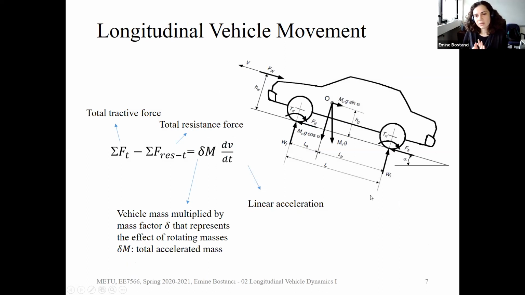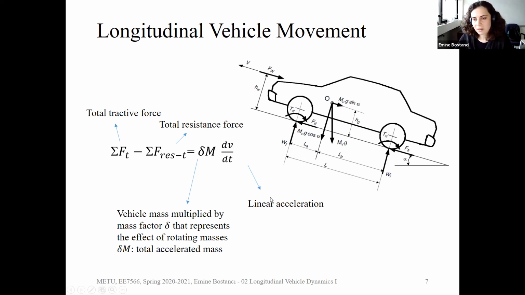So I will talk about the motion and Newton's law of motion. Here, what we know is we have the net tractive force. The tractive force is going to be applied to the wheels which are connected to the power plants, to the internal combustion engine, to the electric motor, or both of them.